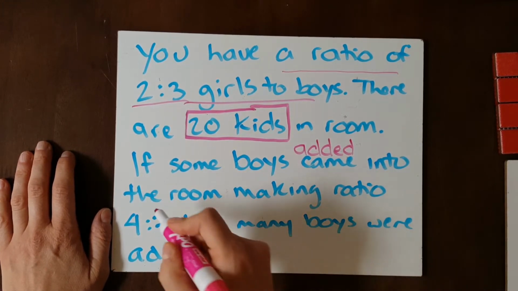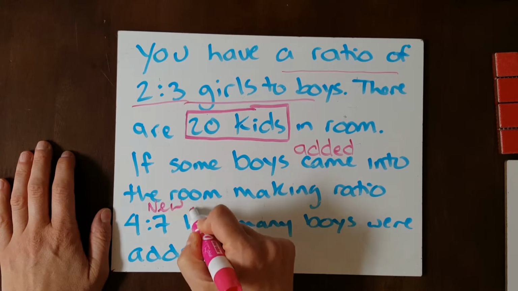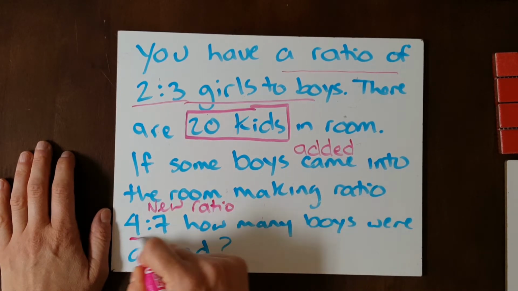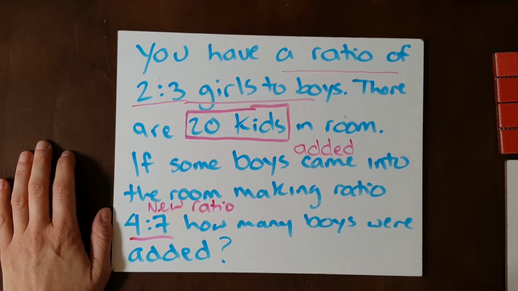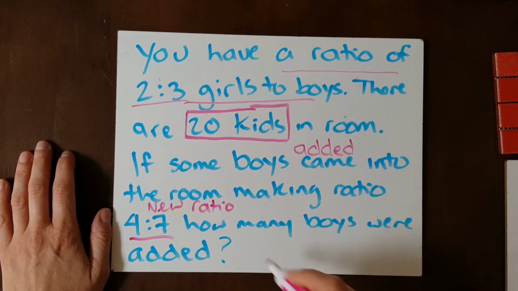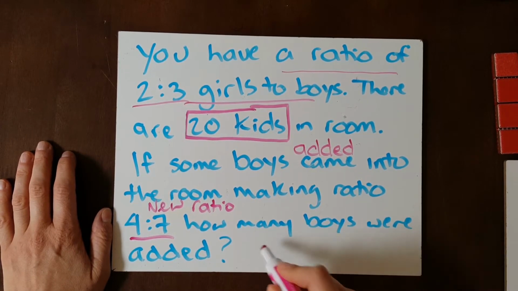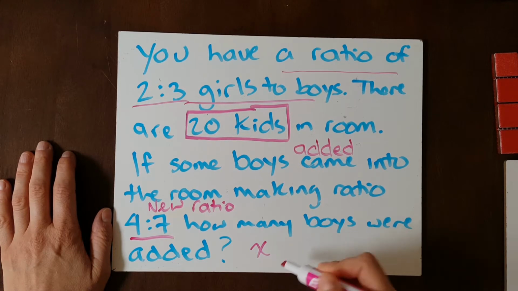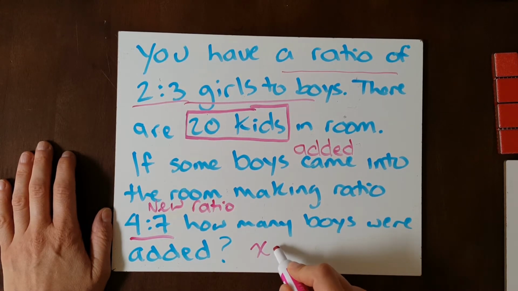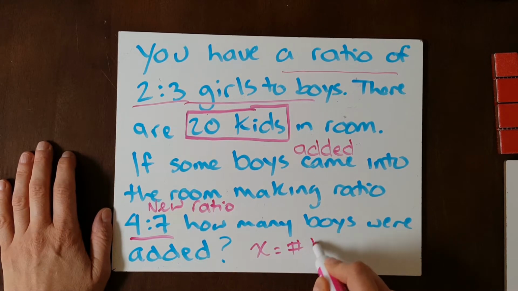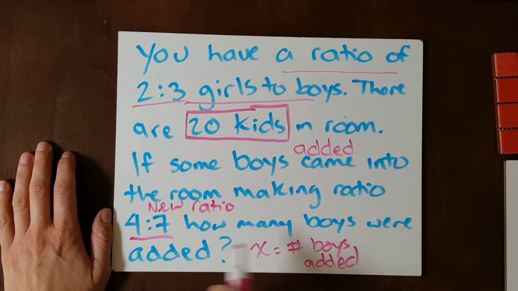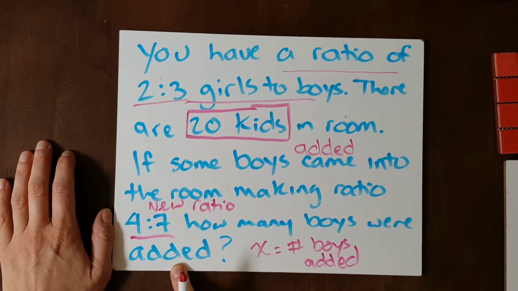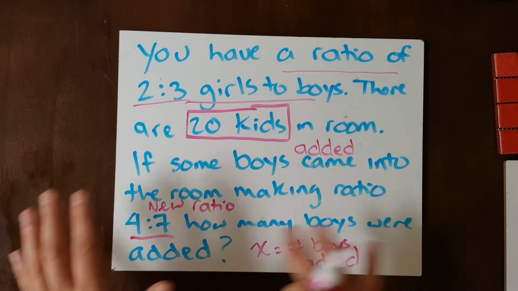And now the new ratio is 4 to 7. So how many boys were added? We're probably going to have to make the boys being added an X statement. So X is the number of boys added. Right now we have our givens and our required, and those are going to help us.